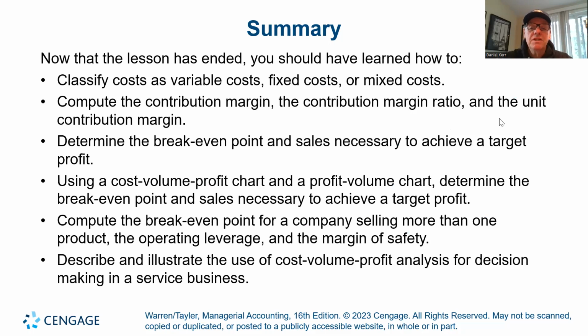So the difference between the sales price and the variable cost. Determine the break-even point necessary to achieve a target profit. You should be able to do that, so you could get break-even point and the number you've got to sell to achieve a target profit. Right? You should be able to use a cost volume profit chart to determine break-even point and the sales necessary to achieve a target profit.